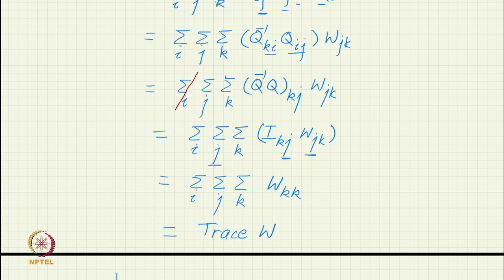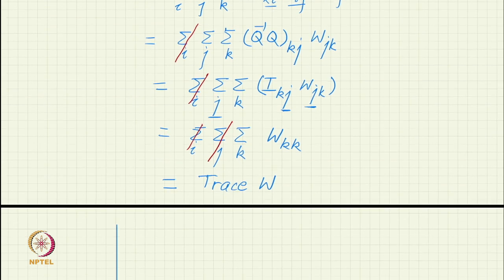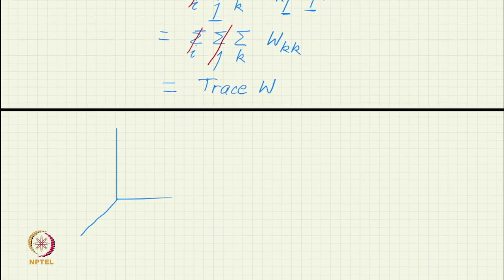We have done that summation effectively. If you write it in full, you will find that you have done that summation. So in these equations, and in the last step we have done the summation over j, so that also will not be there. So we are summing only over k in the end.